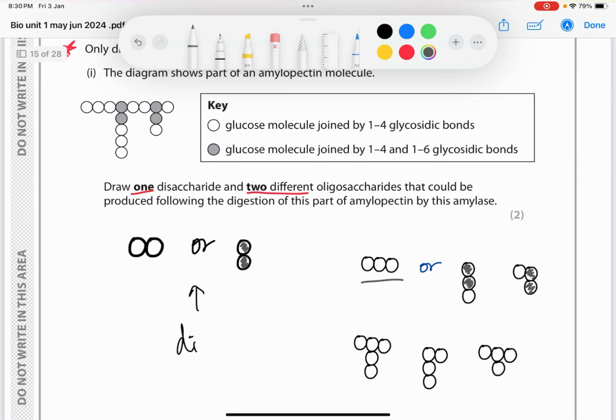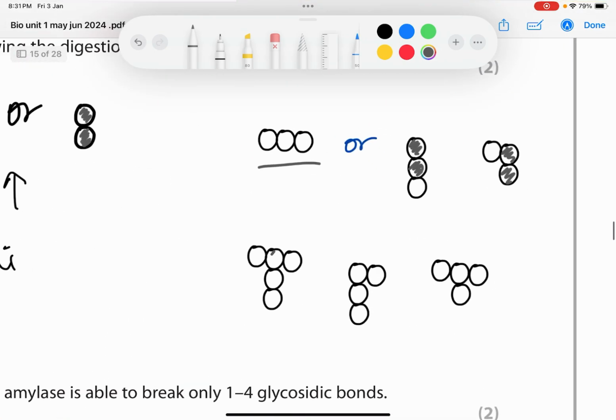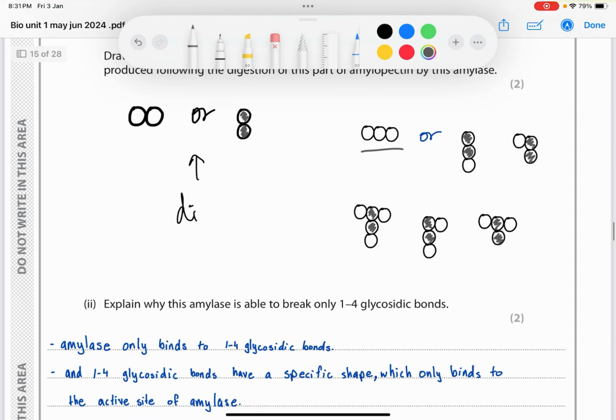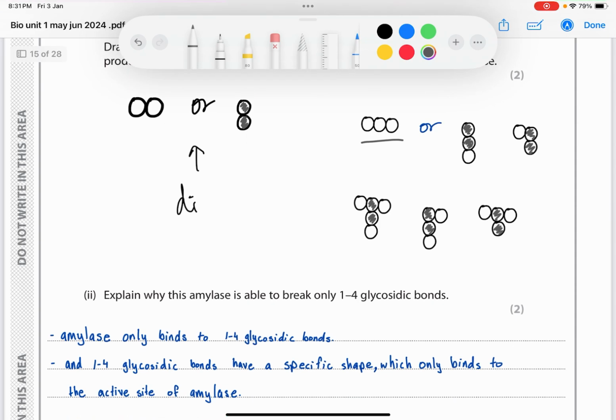Another one that we can have here is these two being gray and the rest being white, this being gray and this one also being gray, this one being gray and this one also being gray. But it's pretty simple. You just need to remember the importance of reading the question properly.